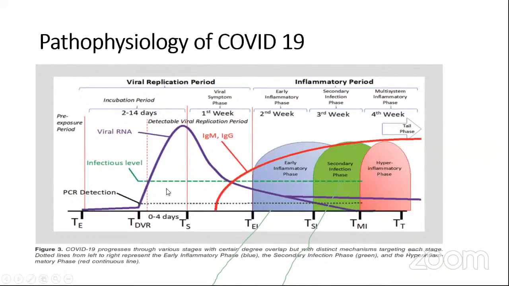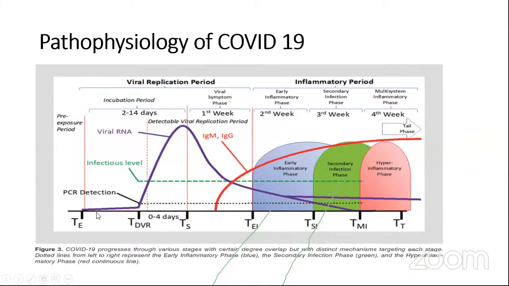The period between the exposure and the onset of symptoms we call the incubation period. The incubation period for COVID-19 can range from 2 to 14 days. But the majority of patients become symptomatic on the 5th day following the exposure, right? So this line indicates the symptom onset, right?